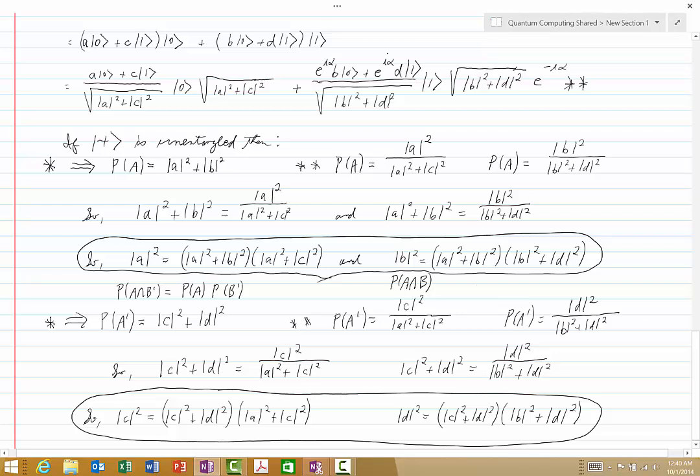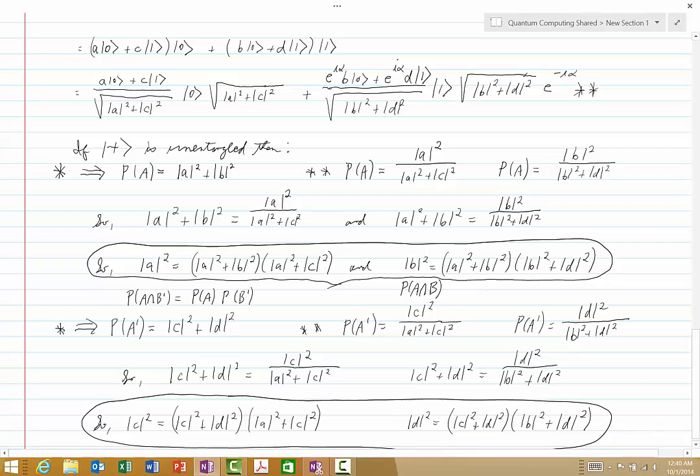So magnitude of B squared is P of A and B. Now, as we already found, magnitude of A squared plus magnitude of B squared is P of A. So, likewise, this magnitude of A squared plus magnitude of B squared is P of A.